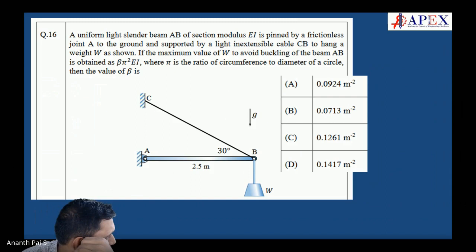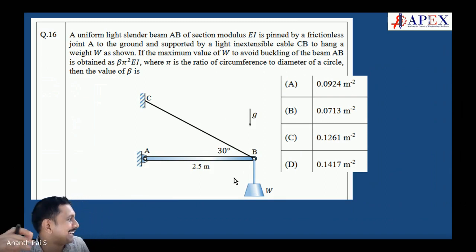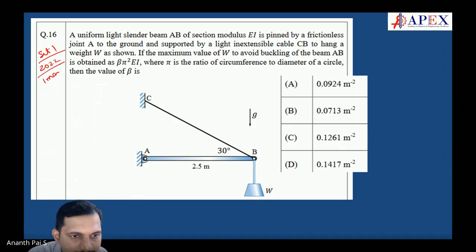See, they have given the ratio of the circumference to diameter of the circle. Don't get confused. Don't think it's something else, it's the same pi. Yeah, please do it. Set 1, 2022. 1 mark question, so do it fast.